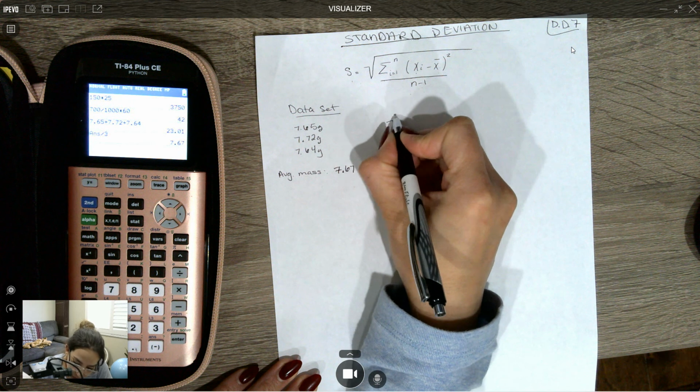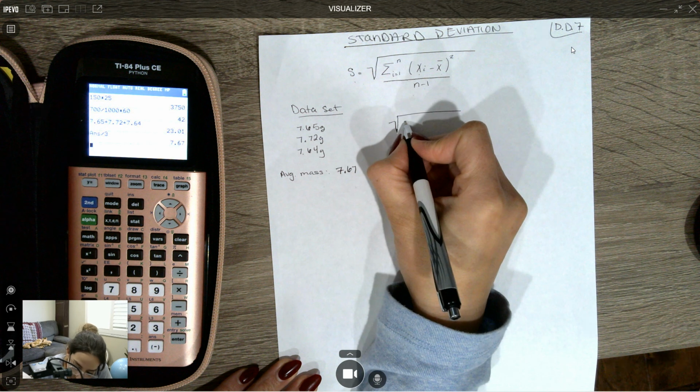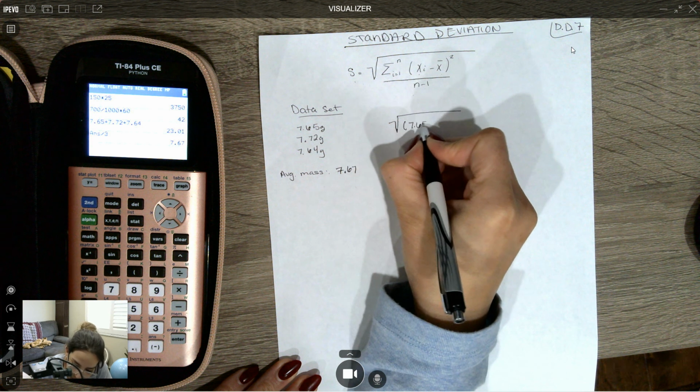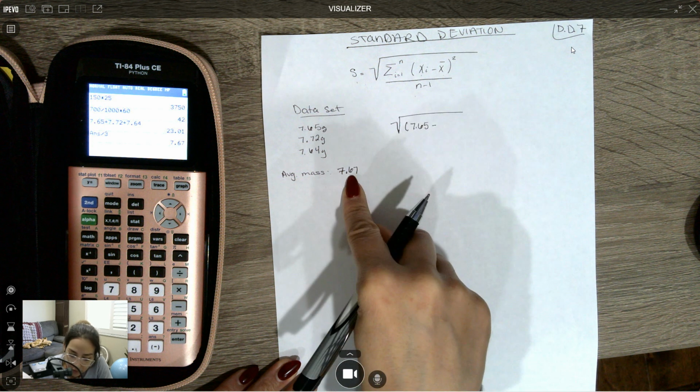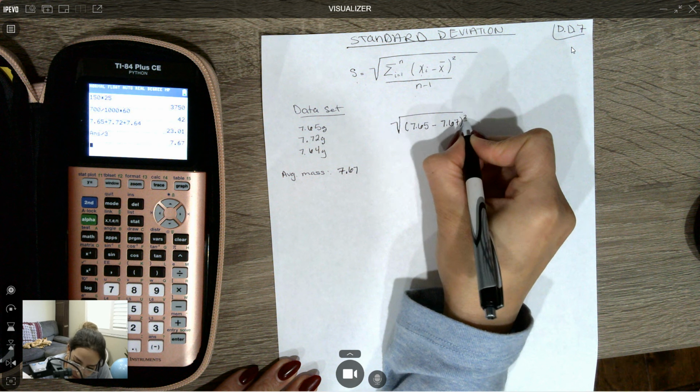So the square root of the sum of these. So we have our first data set, 7.65, minus our average mass that we just obtained of 7.67 squared.